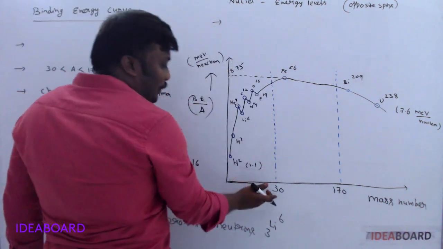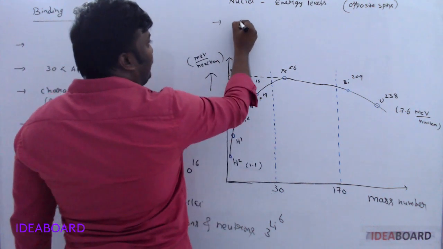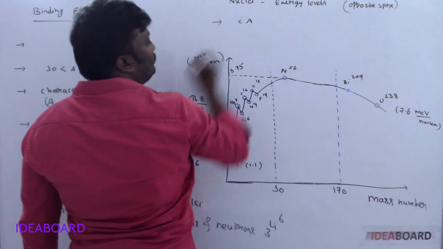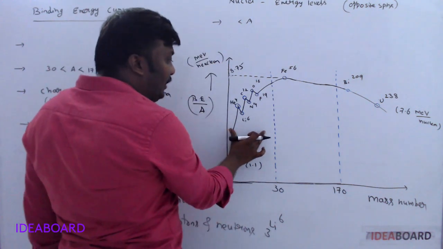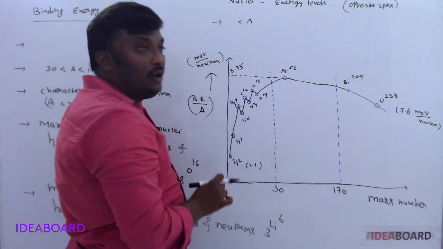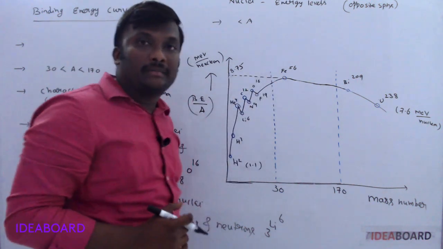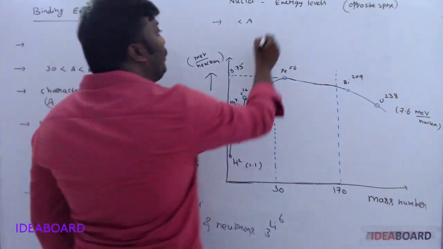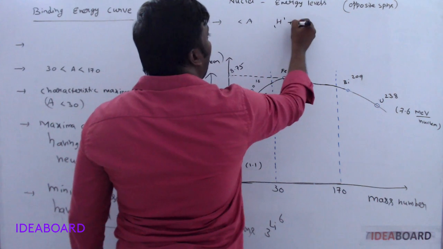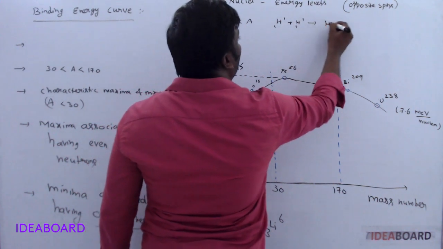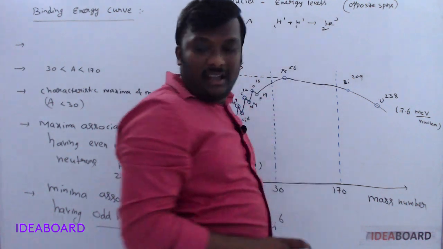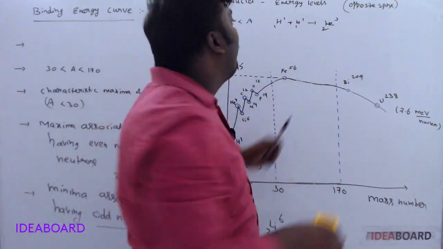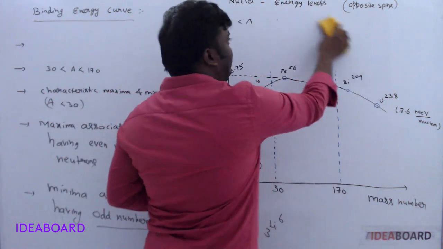Lesser than 30 means lesser mass number. Nuclei with lesser mass number always try to combine to form heavier nuclei. For example, hydrogens generally combine to form a helium nucleus.